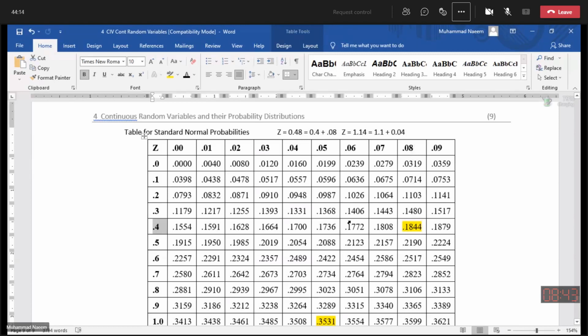Join them, we will get this area. This is the area corresponding to the point 0.48.